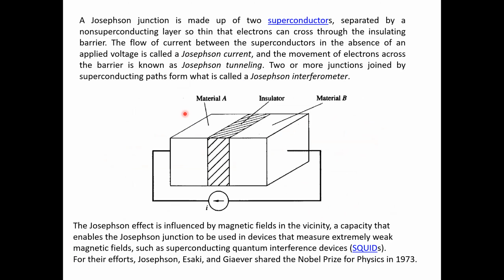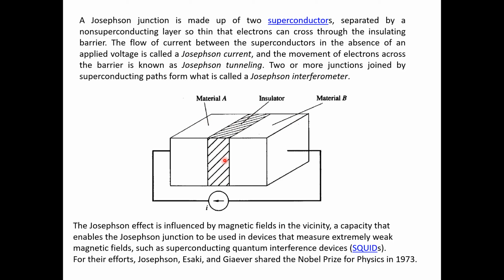Okay, another phenomenon that I want to talk about is called the Josephson current. I'm not going to go into the detail, but I just want you to see this diagram. You have a material A, material B, and an insulator. It's just like a sandwich of metals with an insulator in between. Classically, you would think no way that you will see any current go through this circuit.